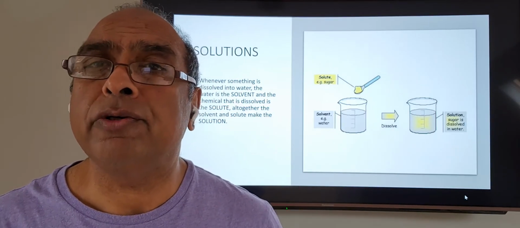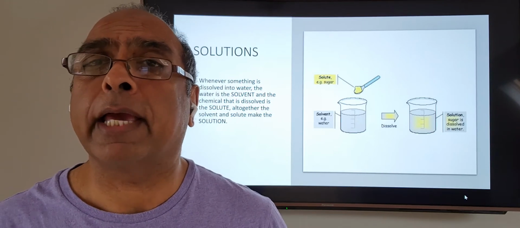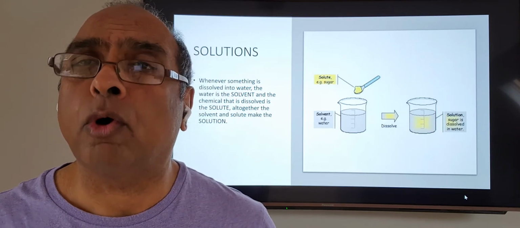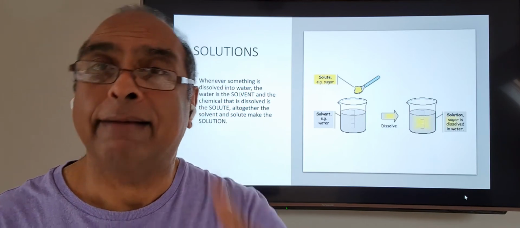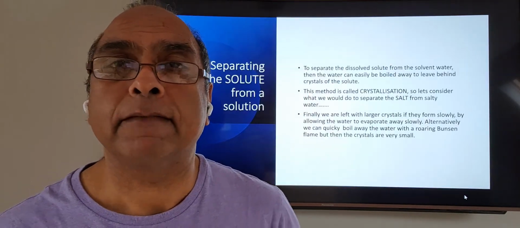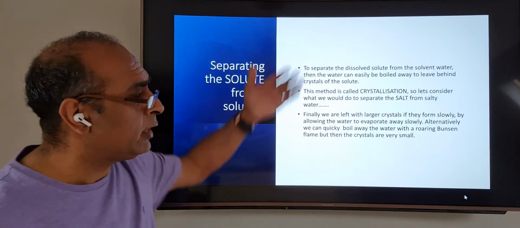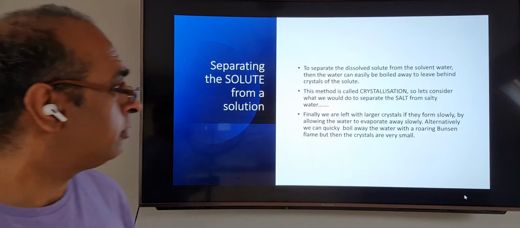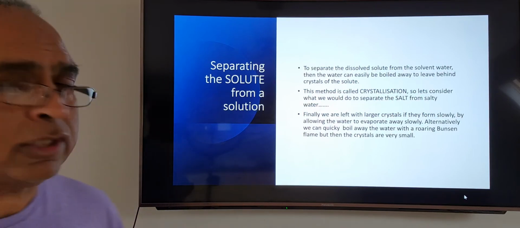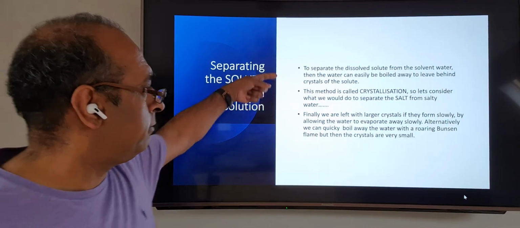Then what do you do? Well, this would be a simple case if you had the solvent water. How about boiling off the water? Idea. Let's have a look. So, to separate the dissolved solute from the solvent water, just boil away the water.